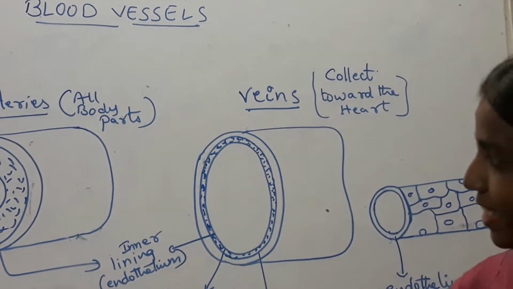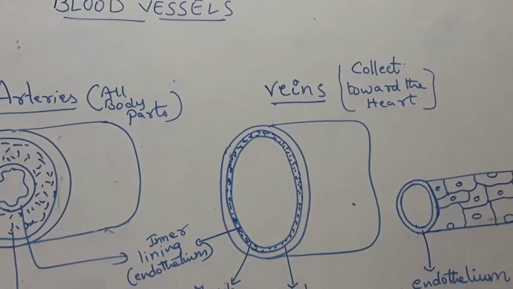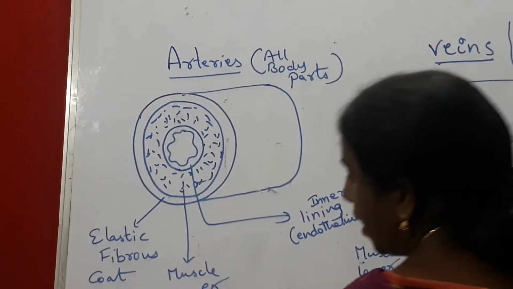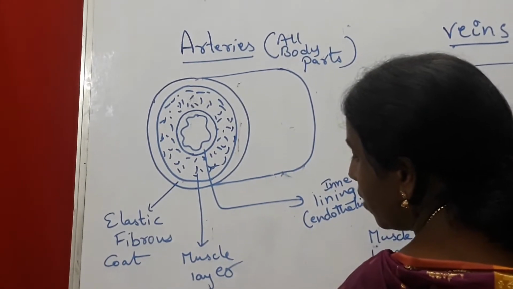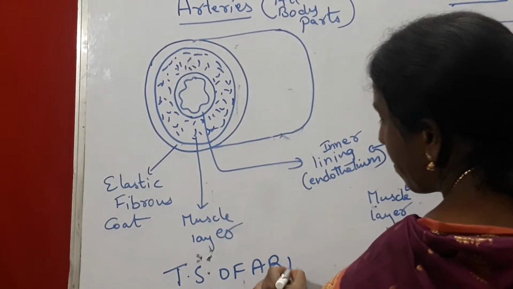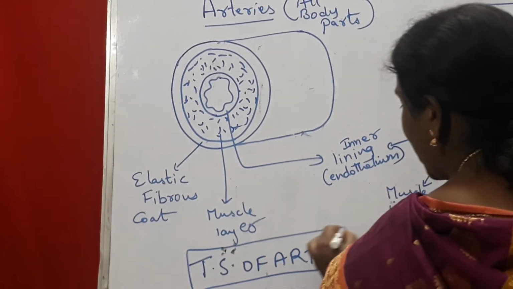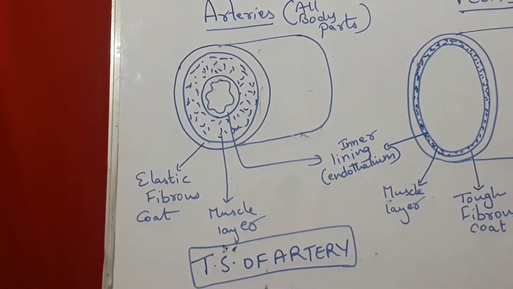So first let us see what their structures are. The first diagram which I am showing is the TS of artery. What is TS? Transverse section of artery.